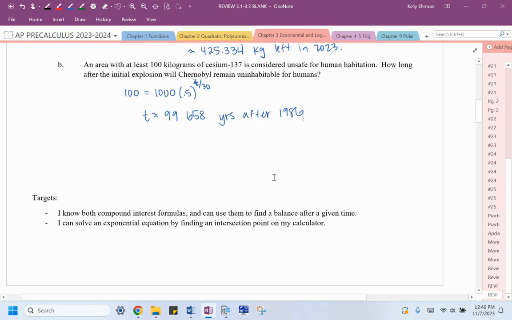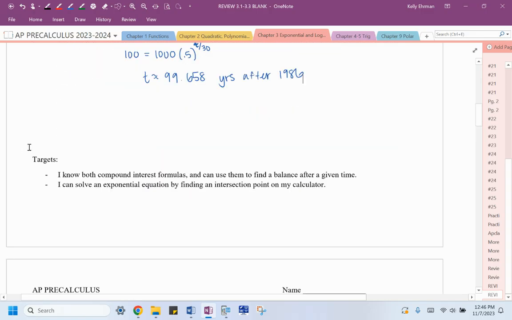All right, I put some targets on here. This is something that we actually talked about on Tuesday. So just kind of targets for you, making sure that we just practiced this skill. Do you feel confident that you know both of the compound interest formulas? I want to make sure you have those memorized. Can you use them to find a balance after a given time?